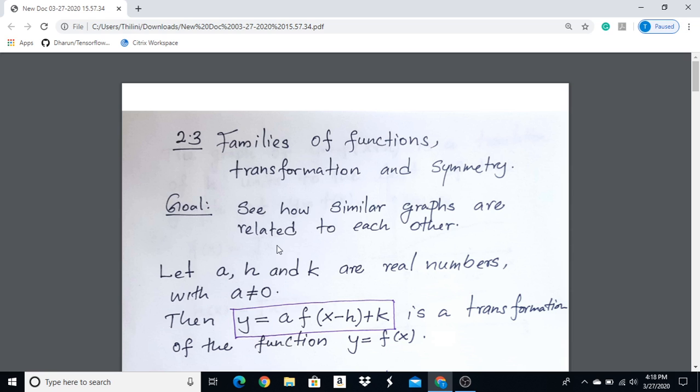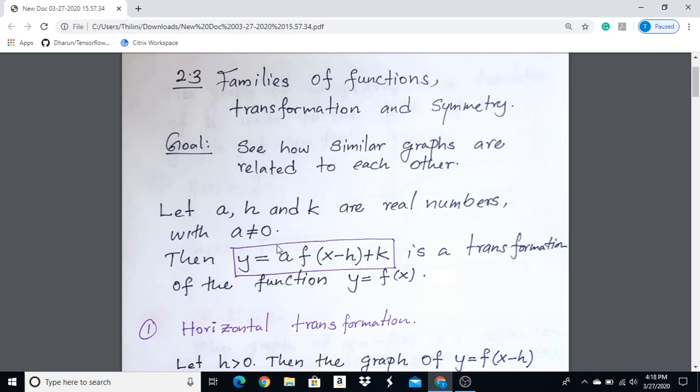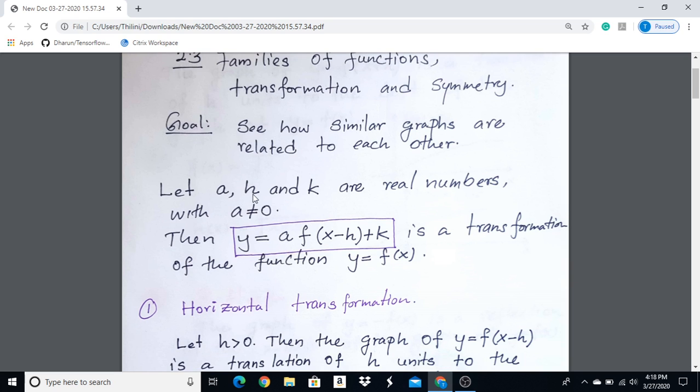For that, let a, h and k be real numbers with a being a non-zero number, and consider the function y equals a times f of x minus h plus k. This equation is a transformation of the function y equals f(x).